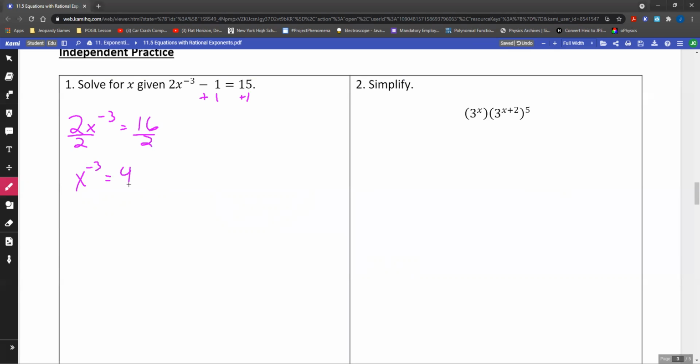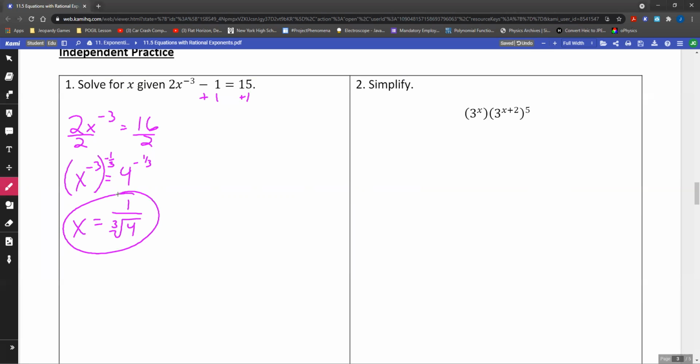I'm going to multiply this by the reciprocal, which is negative 1 over 3. So then we end up getting x equals 1 over the cube root of 4. Now, normally you would see me try and solve this to figure out what it is, but I know that the cube root of 4 is not actually a whole number, so I'm going to leave it as is.